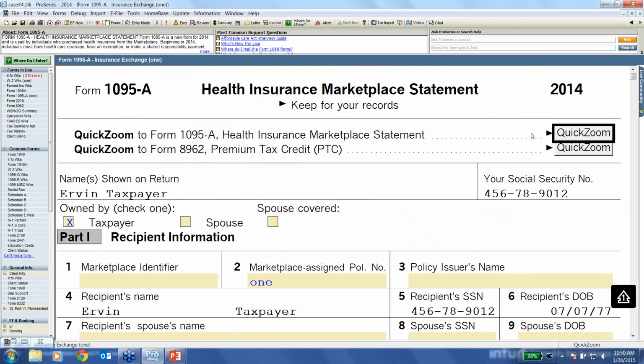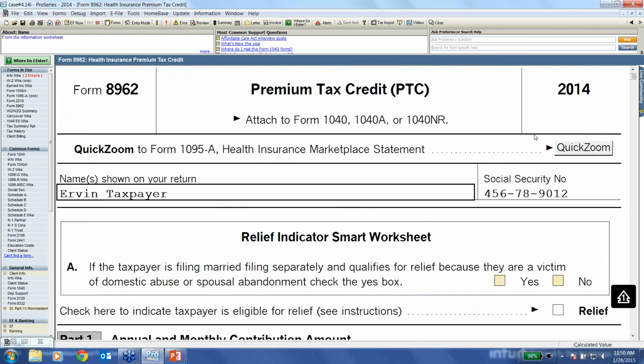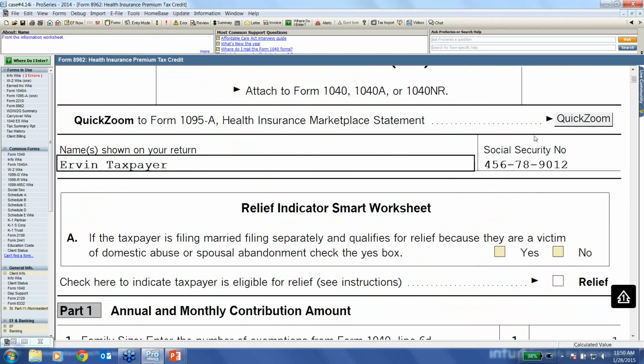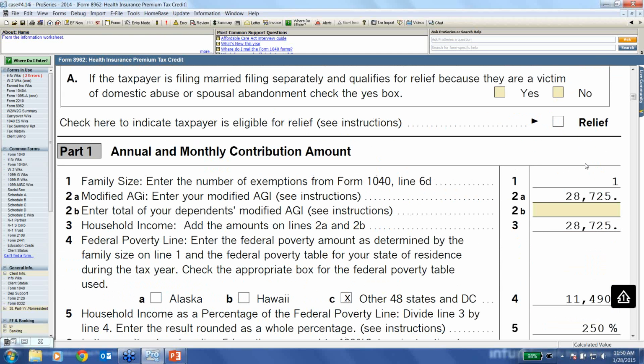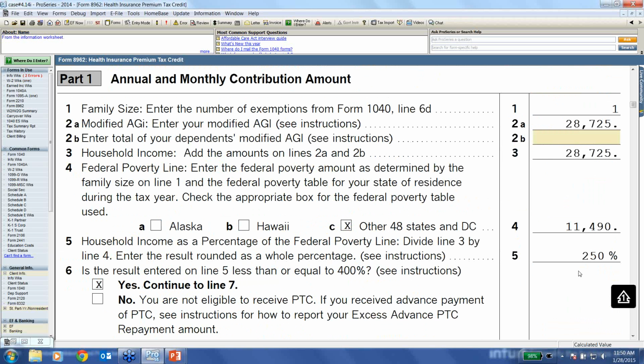Go to the top here and click on the 8962 quick zoom. Family size is 1. Modified AGI or household income $28,725. That's 250% of the federal poverty line of $11,490.